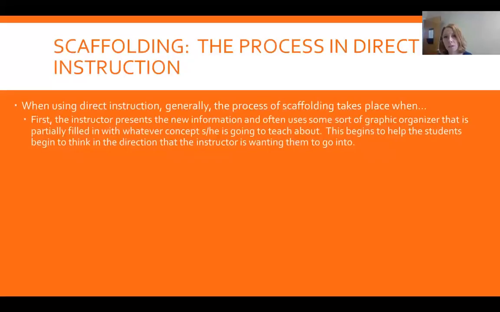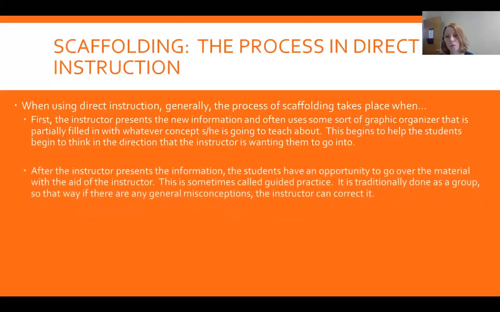Many times the teacher will use a graphic organizer or he or she will model what they want the students to be able to do. And then sometimes they'll provide some other visual aids like posters around the room to help support the facilitation of that instruction. So that's usually what's happening: the teacher presents the information first.